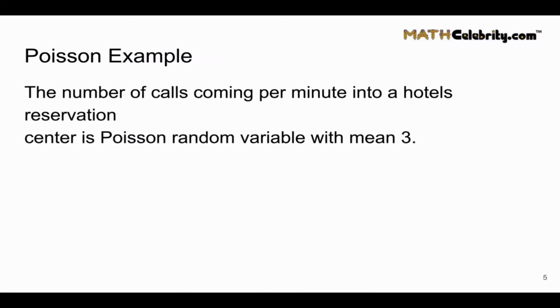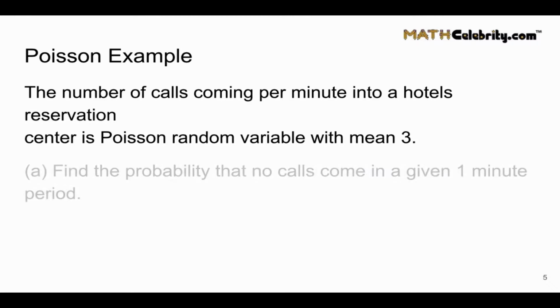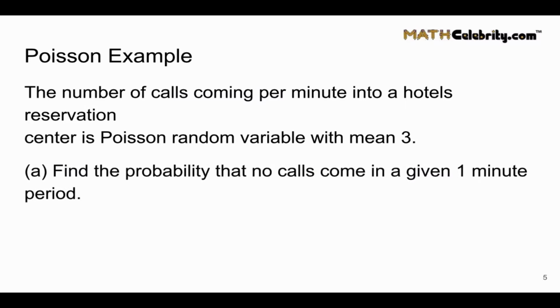Let's look at an example problem. The number of calls coming per minute into a hotel's reservation center is a Poisson random variable with mean 3. Even if this problem didn't say Poisson random variable, notice we're dealing with a time interval at a constant rate. And the problem asks, find the probability that no calls come in a given 1 minute period.